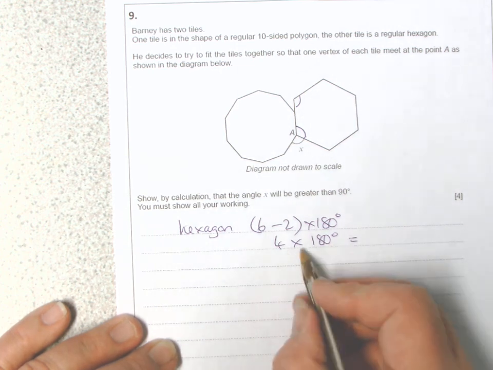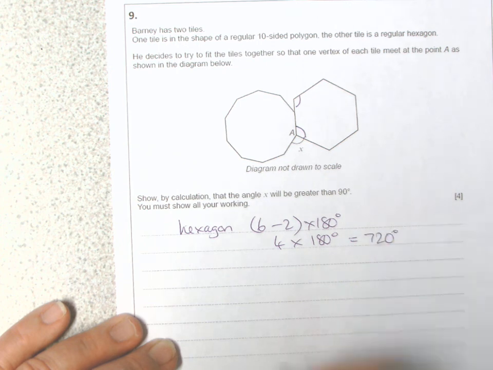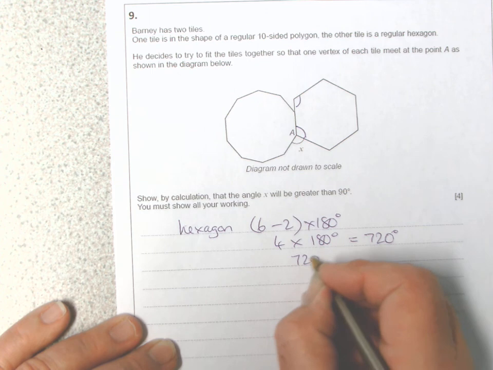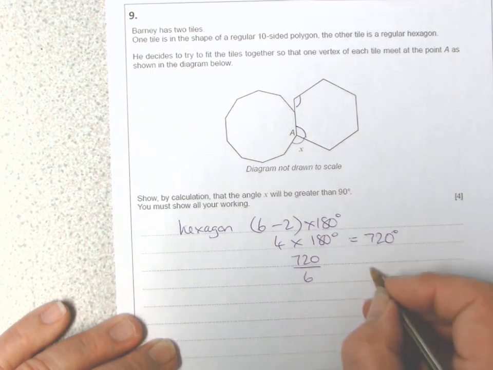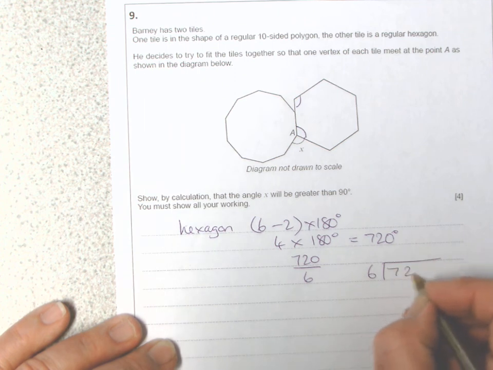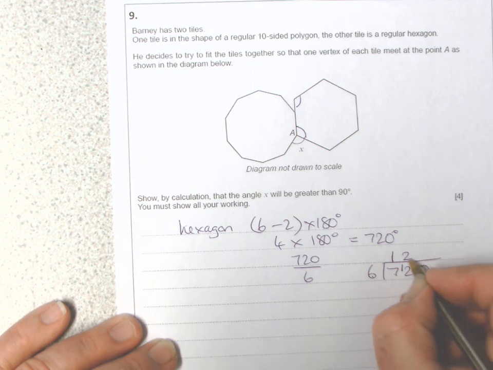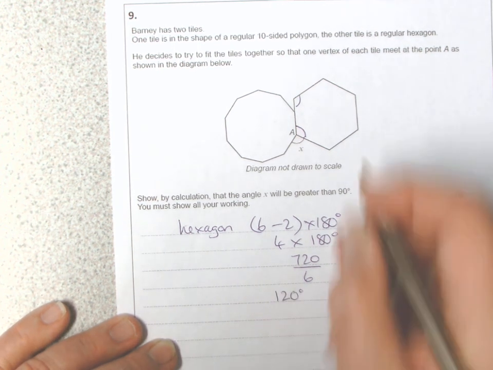So double 180 is 360, double 360 is 720. And there's 6 of those, so each interior angle is 720 divided by 6. So 6 into 7 goes once, 1 left over. 6 into 12 is twice, 6 into nothing goes nothing. So each angle is 120.